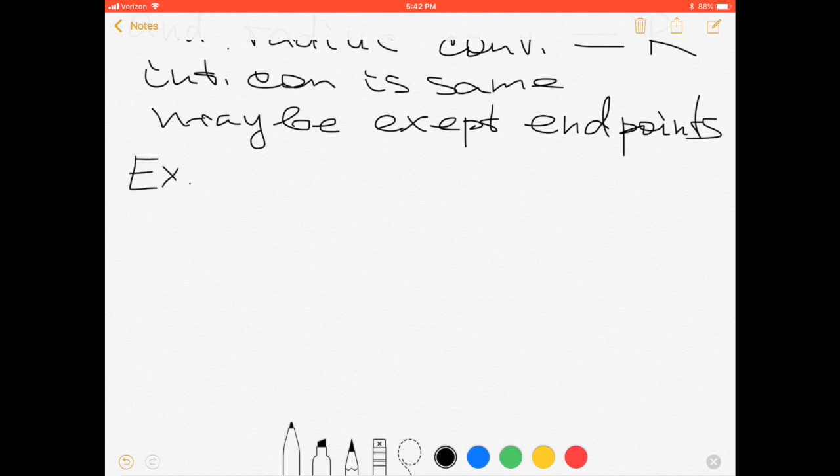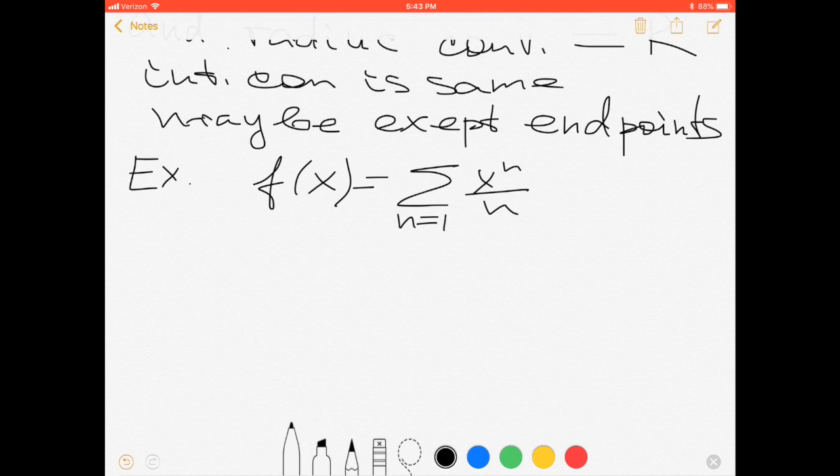Let's take our function f(x) equal to the sum of x to the power n over n, where n goes from 1 to infinity. First, we can easily find the derivative of this function, f prime of x.